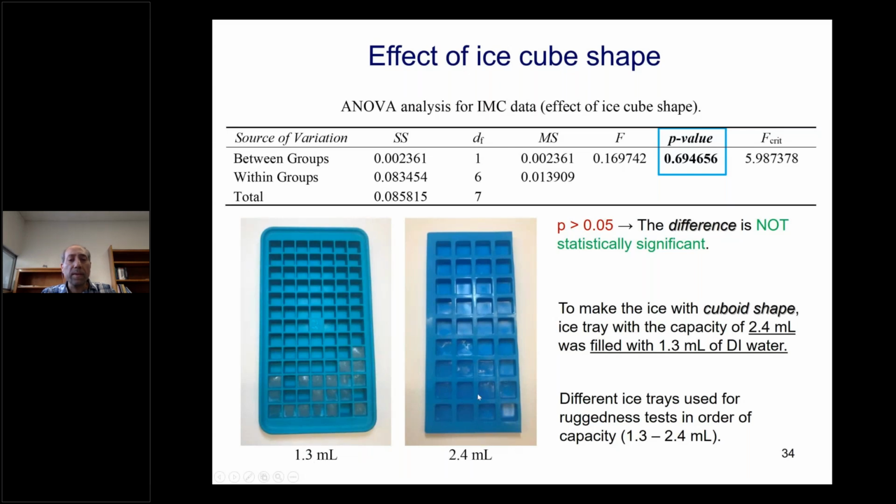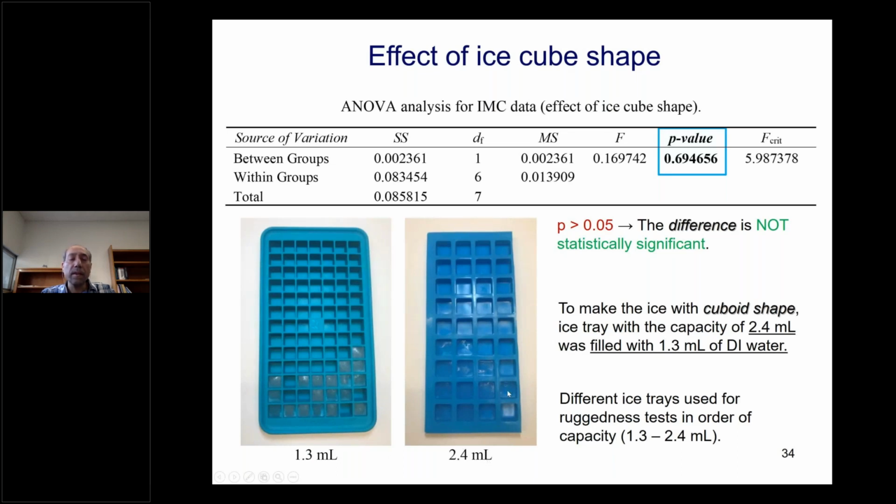here we have an ice tray with bigger molds, but we did not fill these molds completely. The capacity of each mold in this tray is 2.4 milliliter, but we just filled it with 1.3 milliliter.